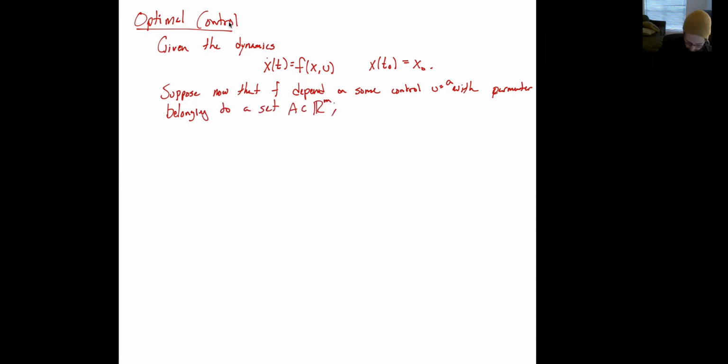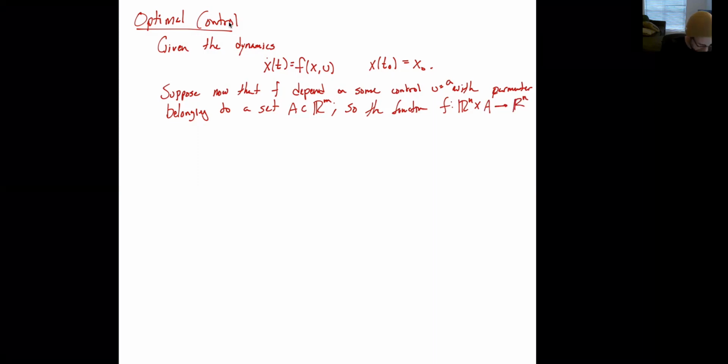All right, so the function f is a mapping from Rn cross A to Rn.